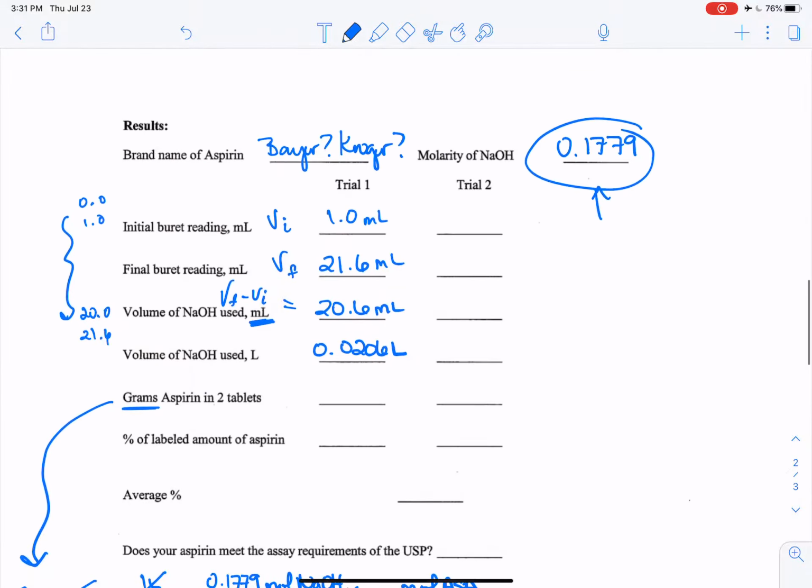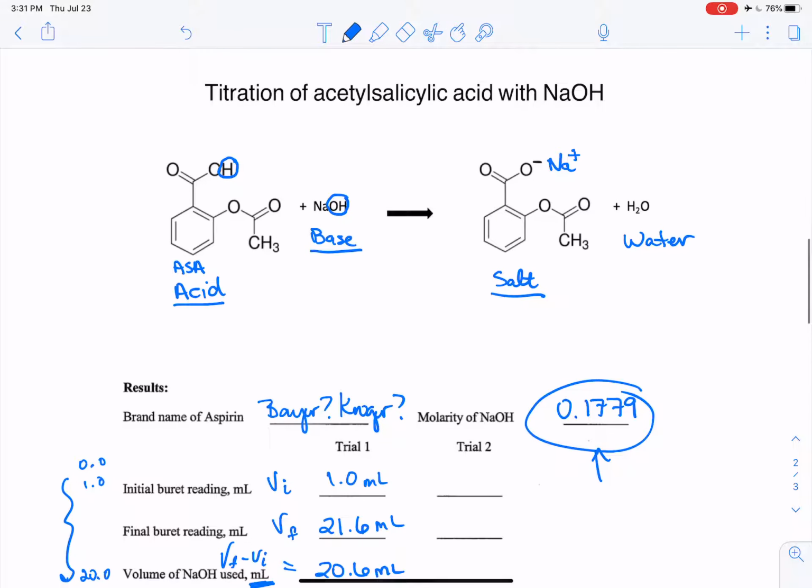So that means I better have this equation balanced. And if I react one of these with one of those, it's going to give me one of these and one of these. So this was just like the first equation where all of your coefficients are 1. So we got really lucky here. But if our coefficients weren't all 1, we would mess up our calculations. So make sure that everything's balanced.